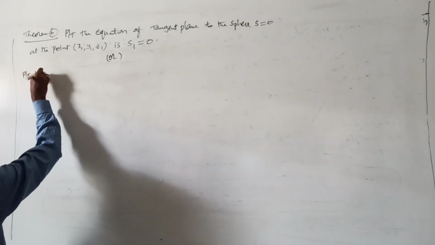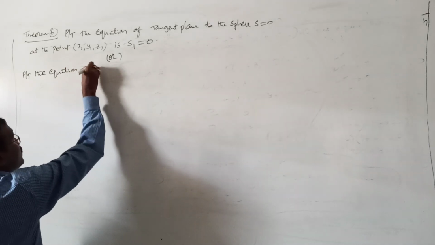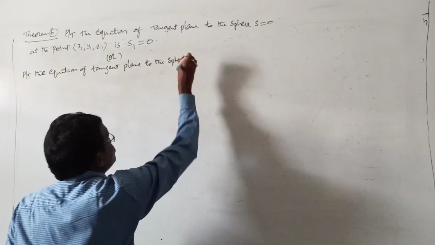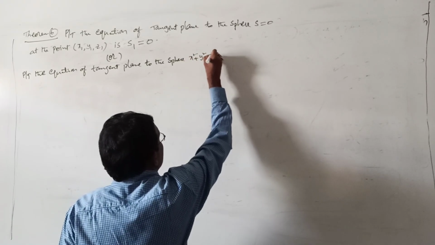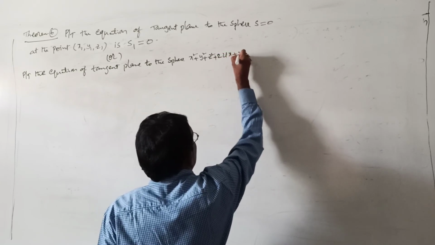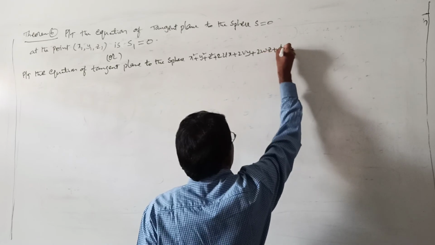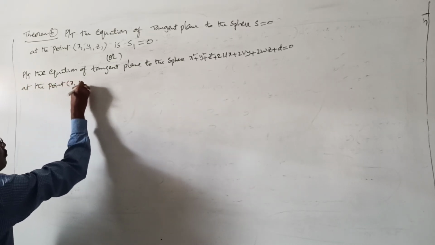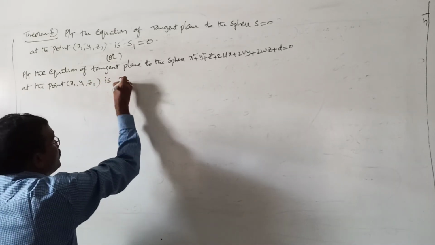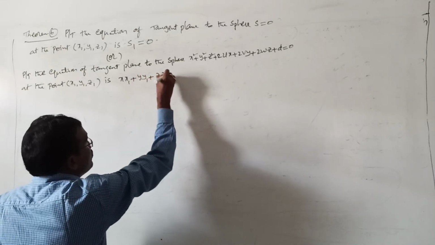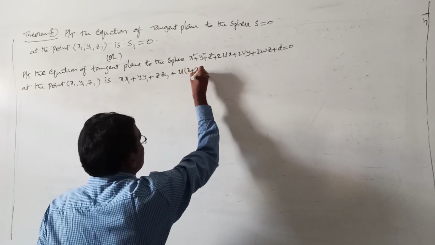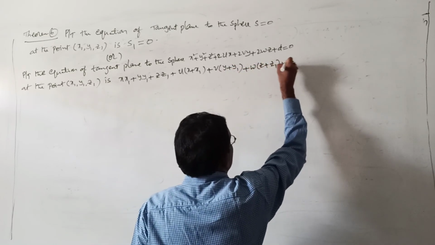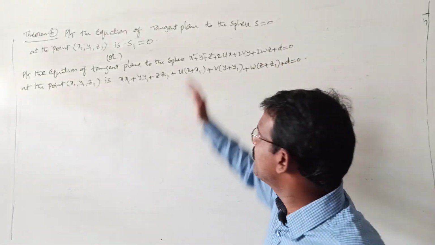Prove that the equation of the tangent plane to the sphere x squared plus y squared plus z squared plus 2ux plus 2vy plus 2wz plus d equals 0 at the point (x1, y1, z1) is x x1 plus y y1 plus z z1 plus u into (x plus x1) plus v into (y plus y1) plus w into (z plus z1) plus d equals 0. But formula-wise, try to remember the first condition; it is better.